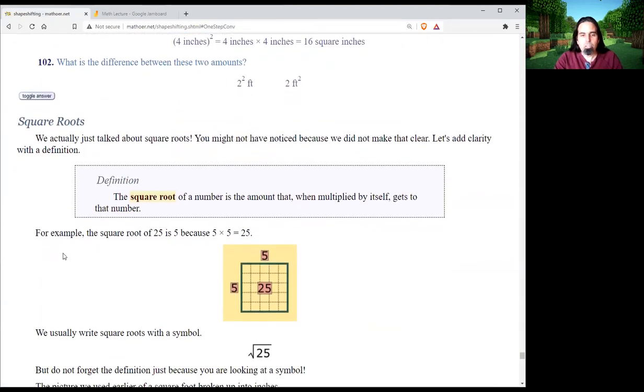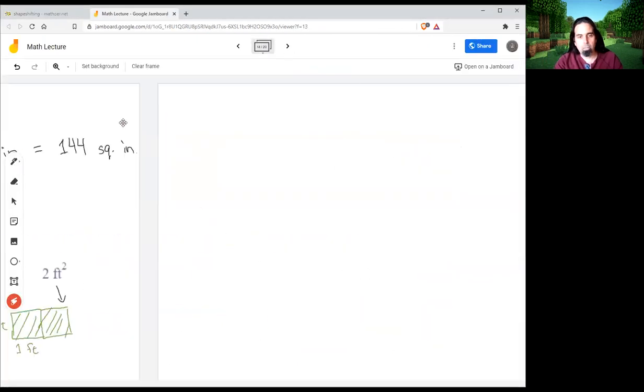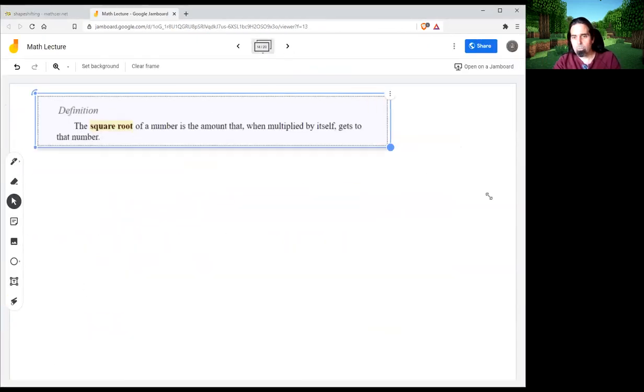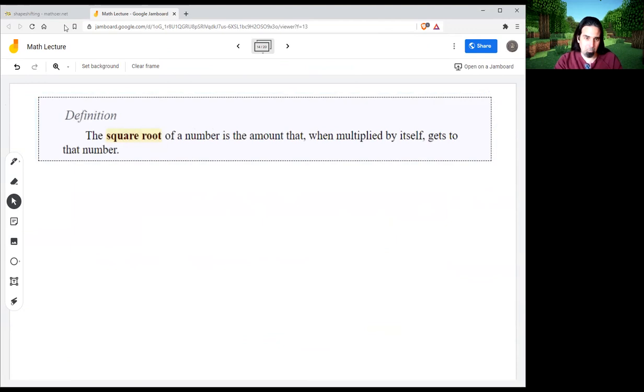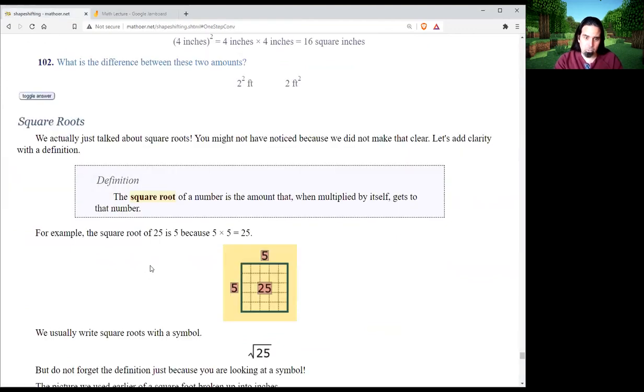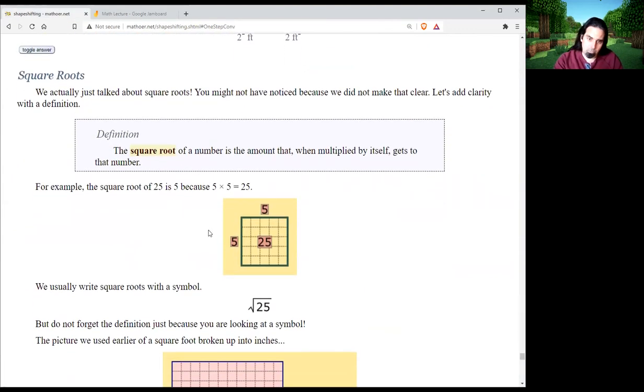Okay, and actually we just talked about square roots. So since we did, let's be clear, because it was a little subtle. The square root of a number is the amount that when you multiply itself gets up to that number. So the square root of 25 is 5.